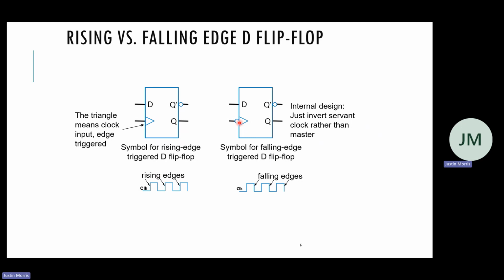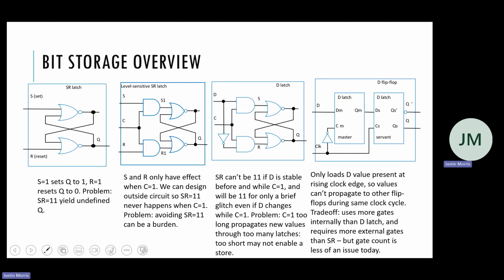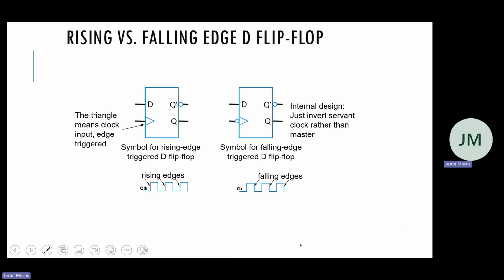But if you have a bubble, that means you're inverting the clock on the input, and underlying it's the same thing, but you'll invert it again, right? Now this one will be enabled when the real clock is 1, and this one will be enabled when the real clock is 0. So this is how you'll see in drawings if it's a rising edge flip-flop or a falling edge flip-flop.